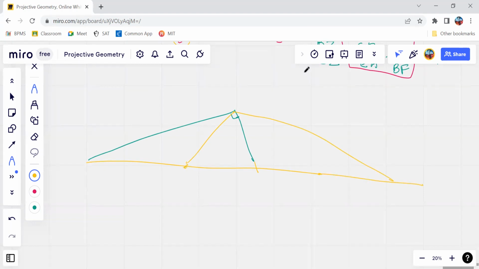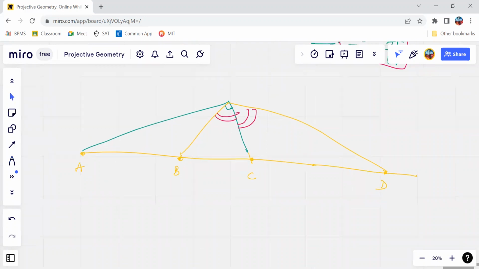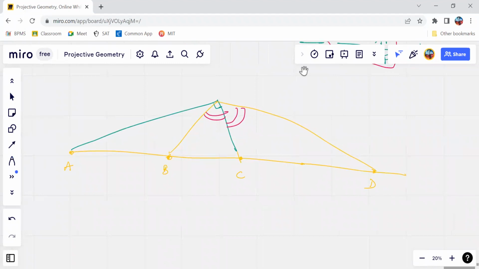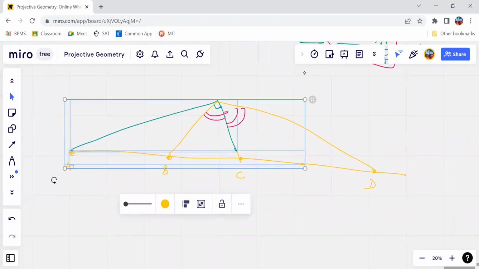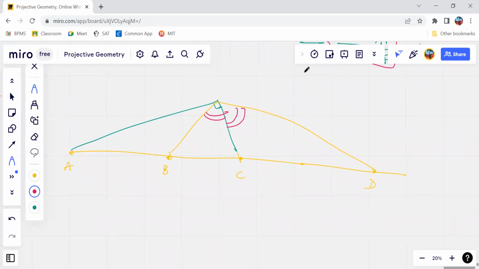Bad diagram, but whatever. And suppose you have these two angles are equal. So if you have this 90-degree angle and equal angles, then also we have that this cross ratio is equal to -1. You can do this synthetically, but let's not bother.